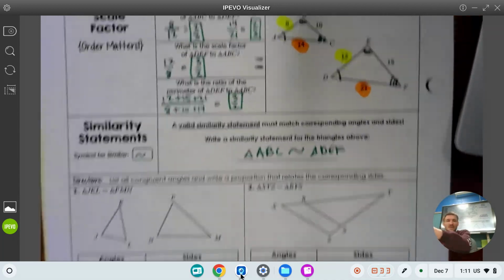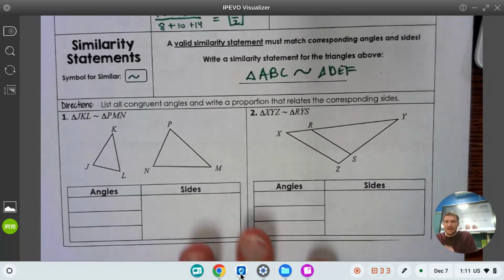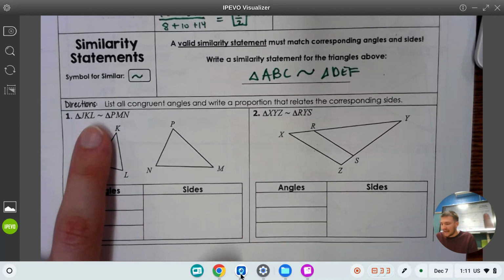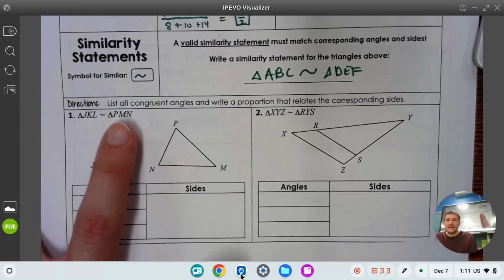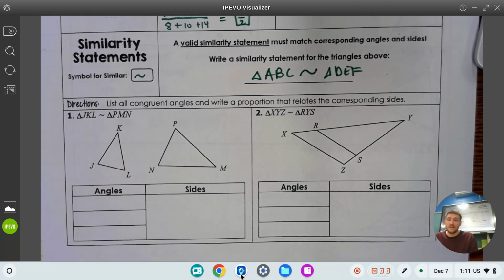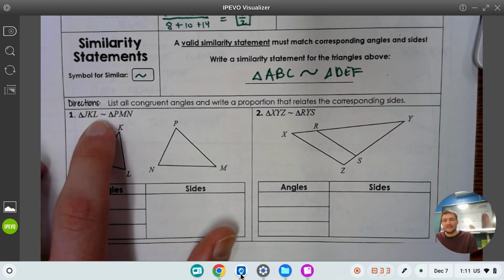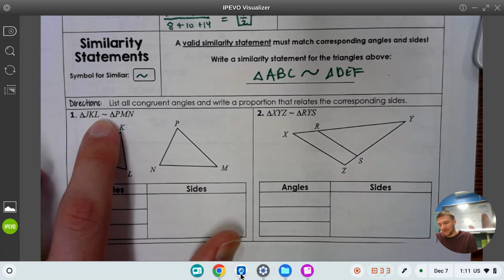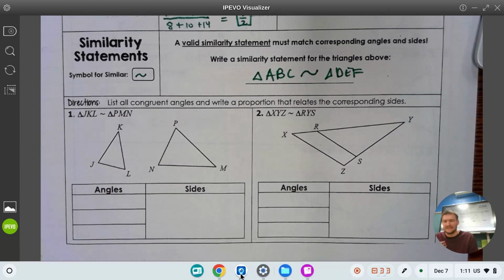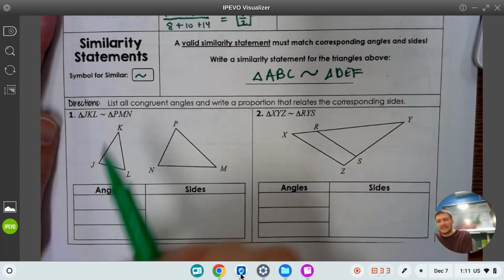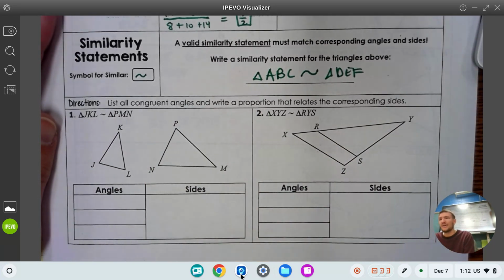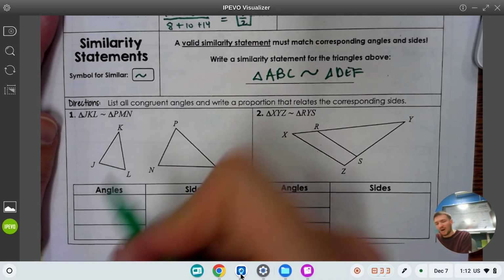So when you see question number 1, it says that triangle JKL congruent to triangle PMN. All right. I think I said congruent, but I didn't mean that. Triangle JKL is similar to triangle PMN if I accidentally said congruent. That's my bad. The same thing as the congruent triangles, you really want to start out, draw those curves in there.